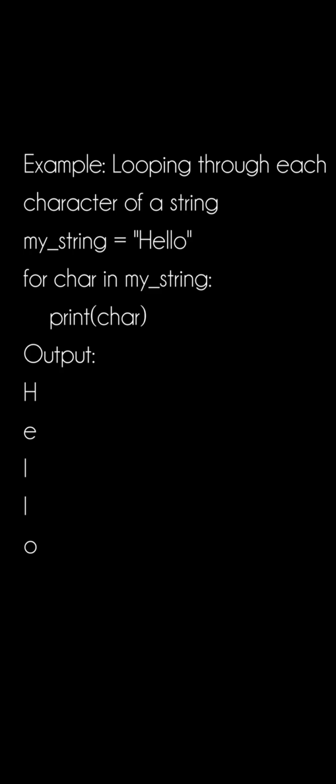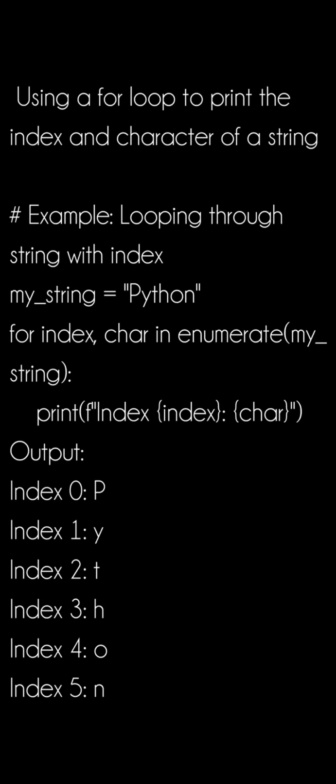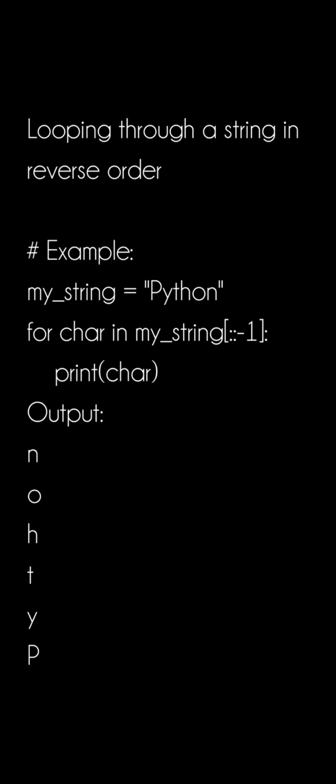Example: looping through each character of a string. Using a for loop to print the index and character of a string. Looping through a string in reverse order.